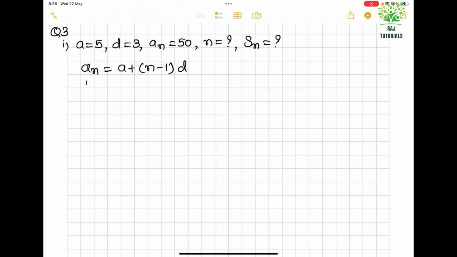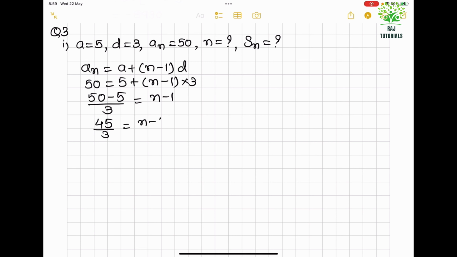So an is 50 equal to a, which is 5, plus (n minus 1) into d, which is 3, n I don't know. So 50 minus 5 upon 3 equal to n minus 1. So 45 by 3 equal to n minus 1. So 15 plus 1 equal to n. So n equal to 16.